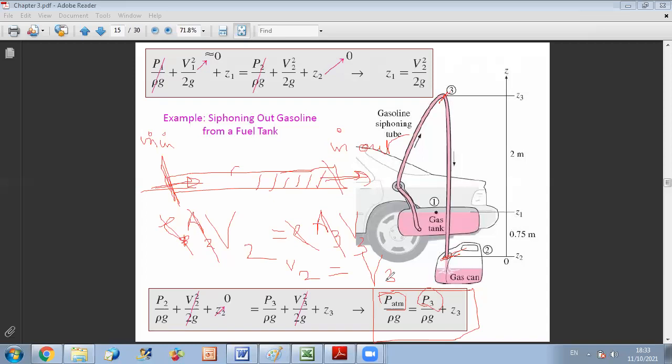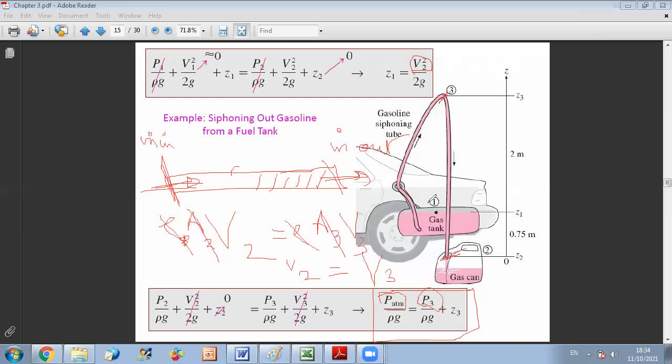You have the freedom to apply it between any 2 points on a streamline. When we applied between 1 and 2 we got the velocity. It depends on your purpose. If your purpose is to get the velocity of your flow V, then you apply between 1 and 2. If your purpose is to get an expression for P3, you can apply directly between 2 and 3.